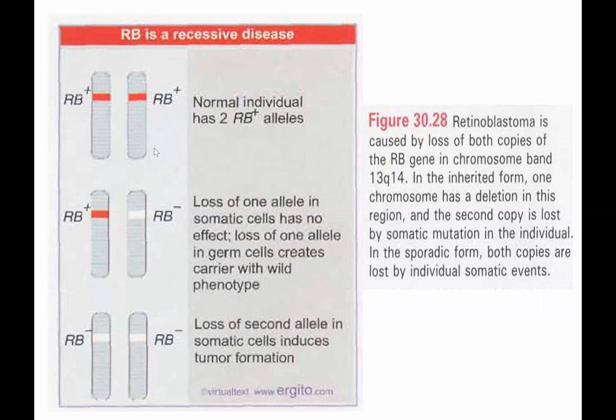So either it is lost by way of deletion or by way of somatic mutation in the other allele. And the result is that you lose both the alleles, and you see the appearance of this cancer in childhood. Since both the alleles are lost, this disease appears very, very early in childhood.